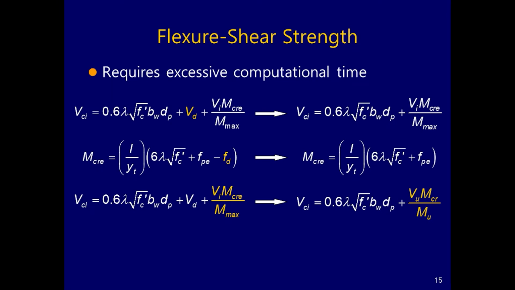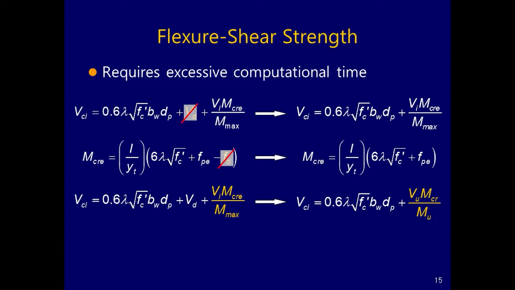Self-weight contribution is very small when we check that using the existing database. If we check the effect of self-weight on these equations, it's smaller than 5%. So V_d is eliminated, f_d is eliminated, and then V_d is eliminated.